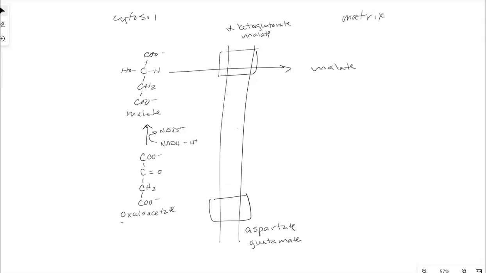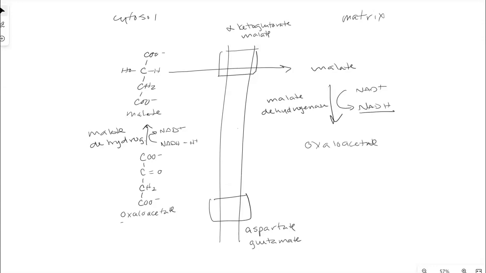Now the malate can then reversibly react with NAD+, releasing NADH on the other side using malate dehydrogenase enzyme. Which is reversible, and this is also malate dehydrogenase. We'll just abbreviate it, and this yields oxaloacetate.